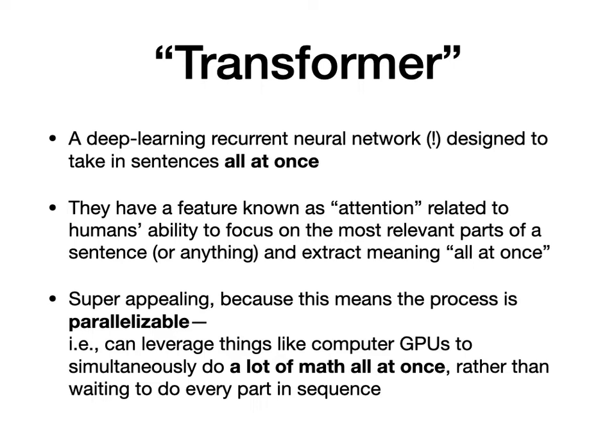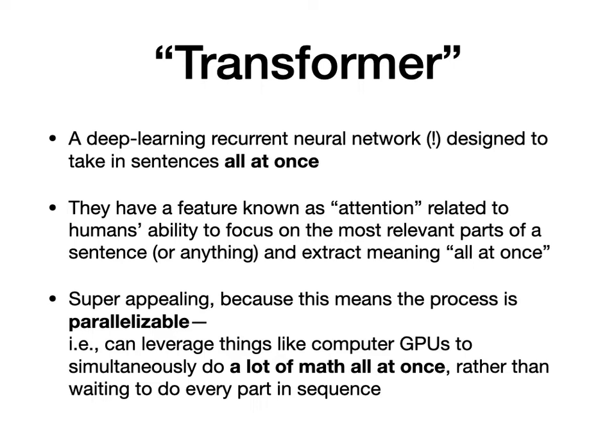So it's this idea that you can focus on relevant parts of a sentence and extract meaning from it, not linearly. You don't have to read every word one after another, but sort of all at once. Now, whether that's exactly how we do it, probably not. But there is this element of a whole sentence being easier to make sense of than one word at a time, right? So you may read one word at a time, but once the sentence is in, you start working on it as a whole, potentially.